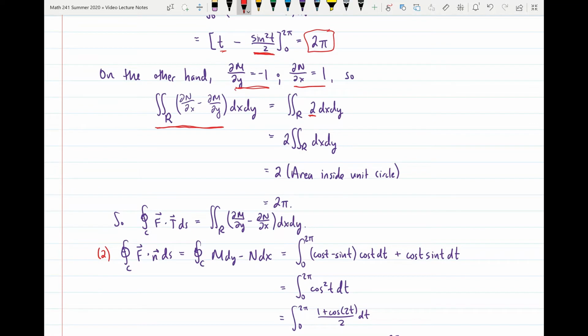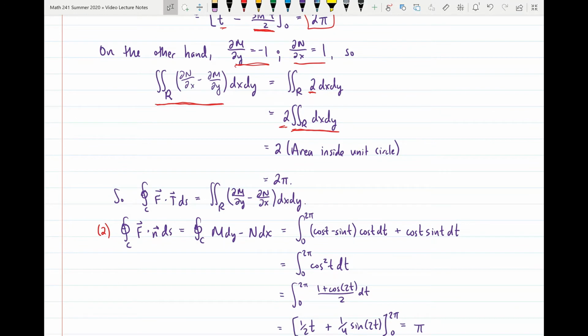And 2 is a constant, so we can pull it out of the integral, and we're left with 2 times the double integral of dA over the region R, which is just the area inside the unit circle, or the area of the unit disk.